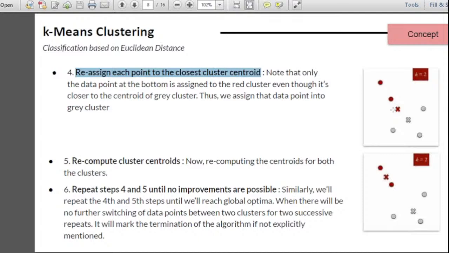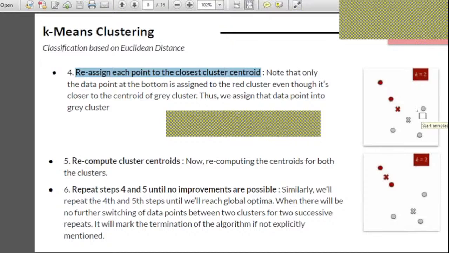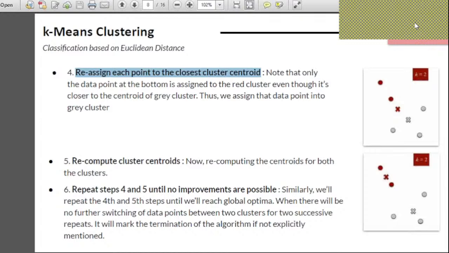So for this data point, which is the closest centroid? This red cross. For this data point, which is the closest centroid? Gray, right? It is gray. And of course these two gray. So I reassign them based on the closest cluster, and then after reassigning them, I again form a cluster based on the closest allocation.